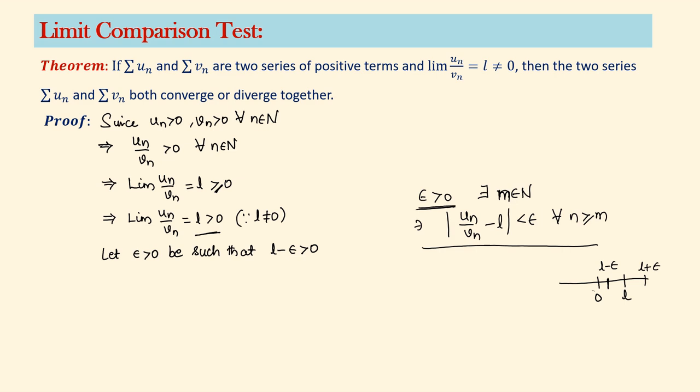Also let L minus epsilon be K1 and L plus epsilon be K2. Then clearly K1 is greater than 0 and K2 is also greater than 0. So keeping this aside, let us apply the limit definition.